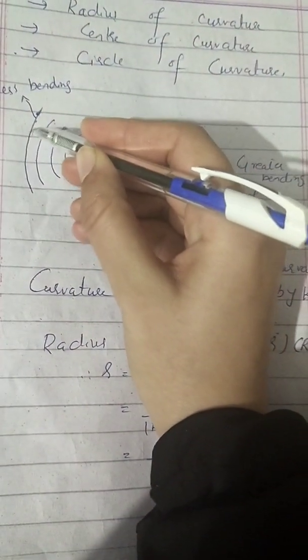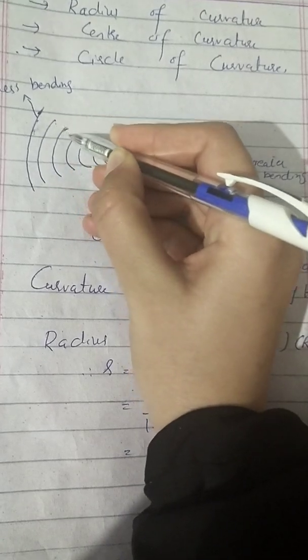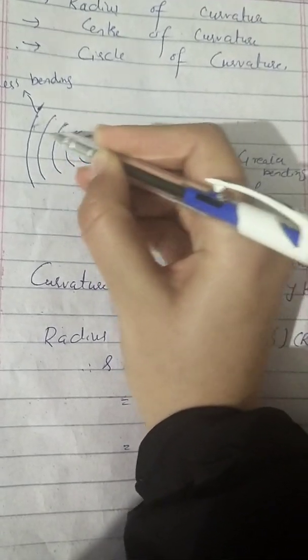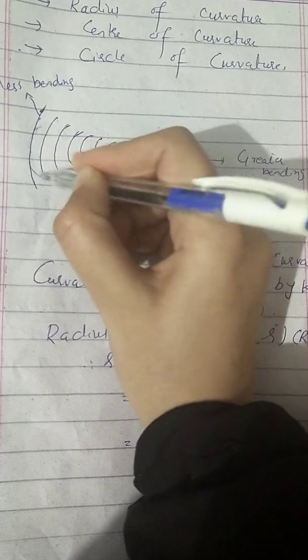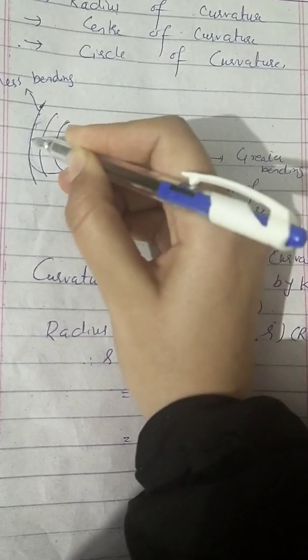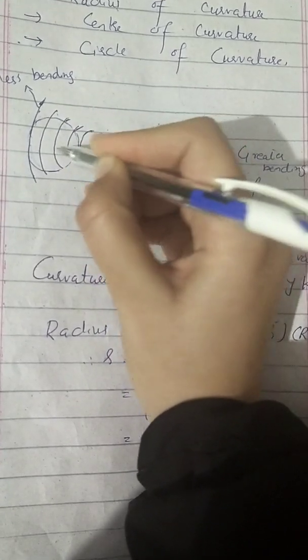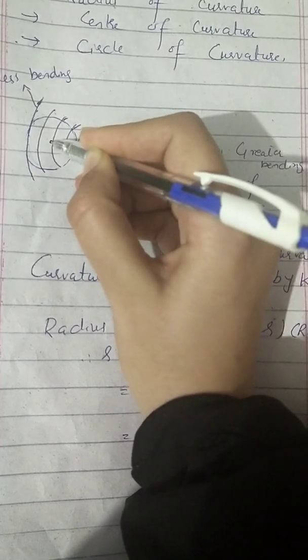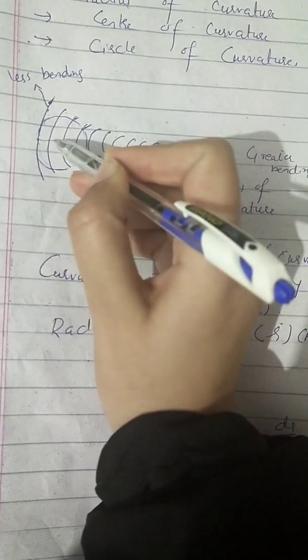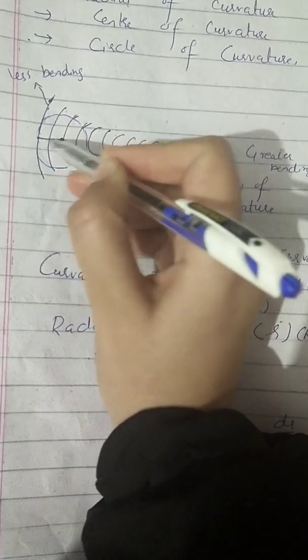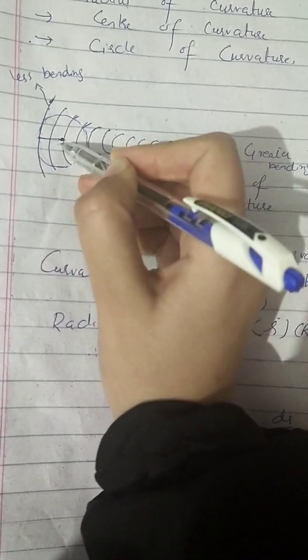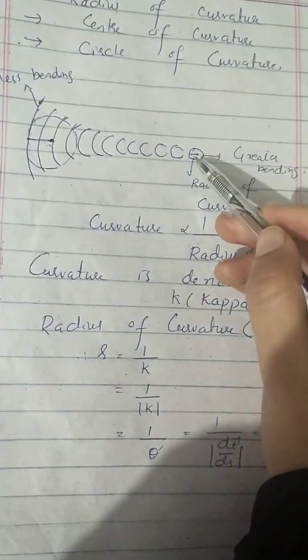As you extend it, a circle will be made from this curve like this. Here you can see that the center will be at this point, and then you draw a radius from it. The radius of this circle is larger and the radius here is smaller.